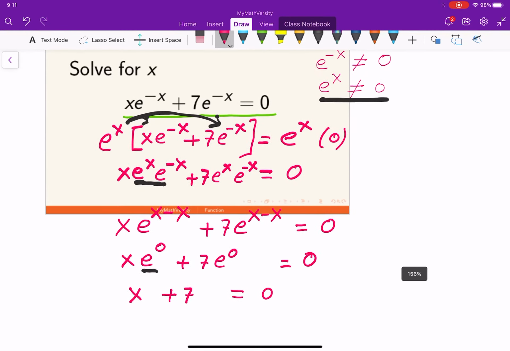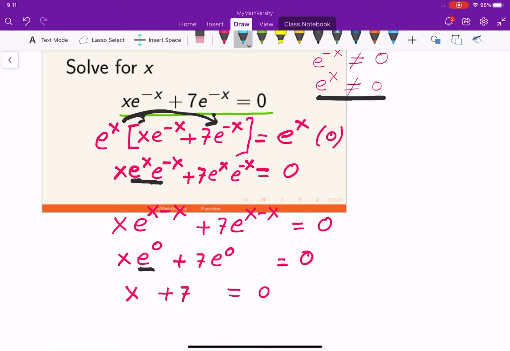You can see here, originally we had an exponential equation. By working a little bit, we were able to transform this into just a linear equation, and I assume that all of us know how to solve this linear equation. How can we do that? We can just subtract 7 on both sides in this particular case, and then we get x equal to minus 7 as the solution of this equation.